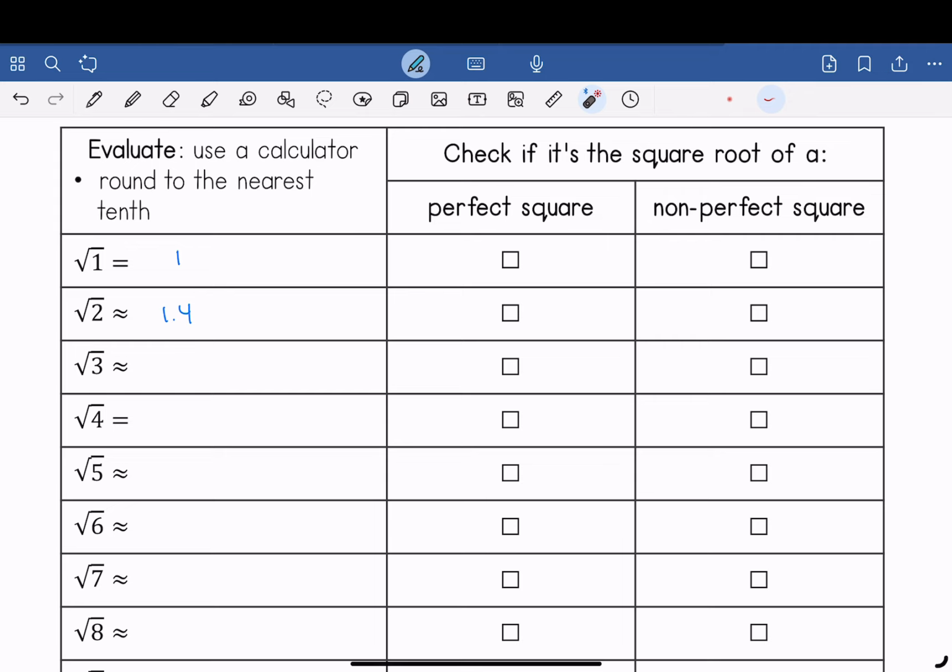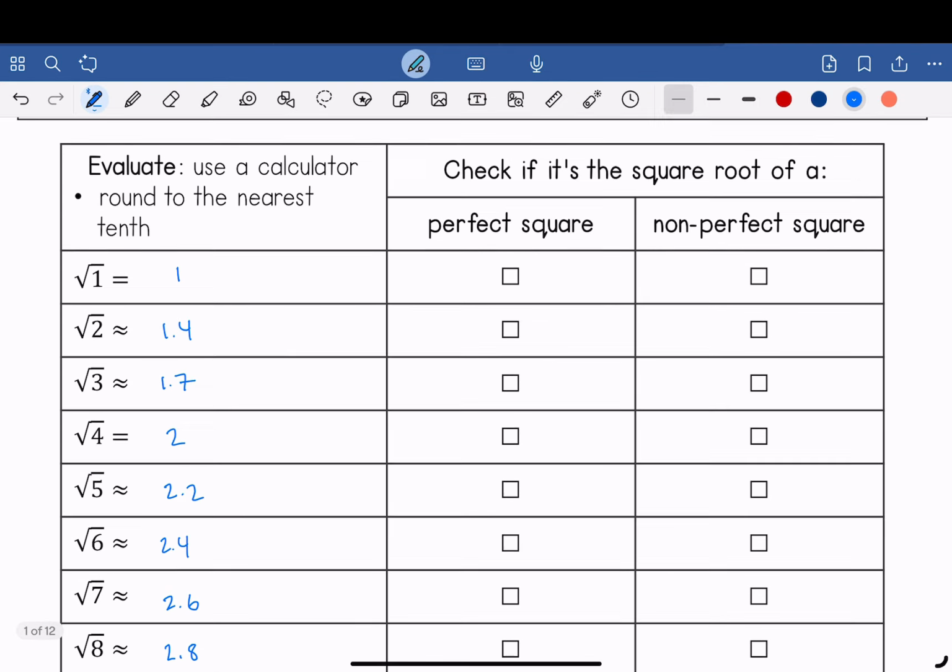So you're going to just round it to the nearest tenth. The square root of 3 is approximately 1.7. Square root of 4 is 2. The square root of 5 is, again, approximately 2.2.